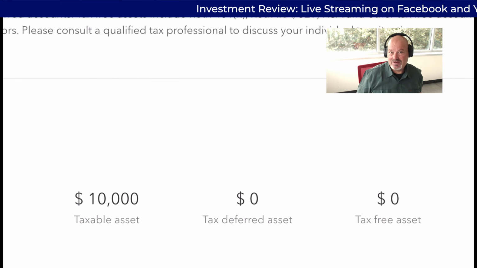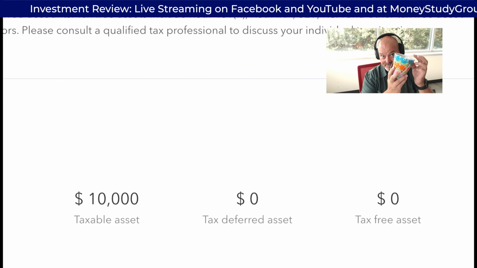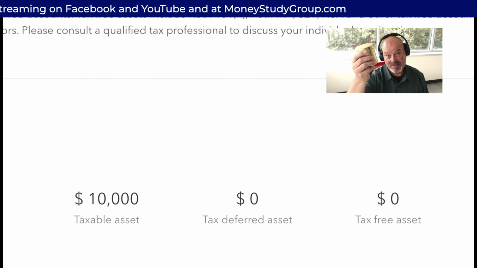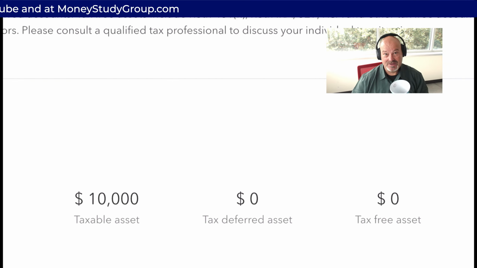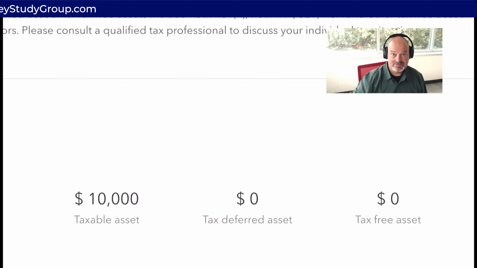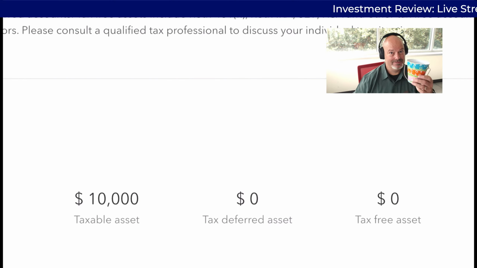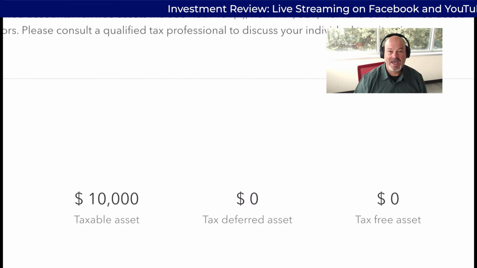This year I can put $7,000 into an IRA, or I can put $7,000 into a Roth IRA, or I could put $3,500 in this one and $3,500 in this one. $7,000 is the maximum that I can contribute to an IRA. However I want to configure that, $7,000 is the max.